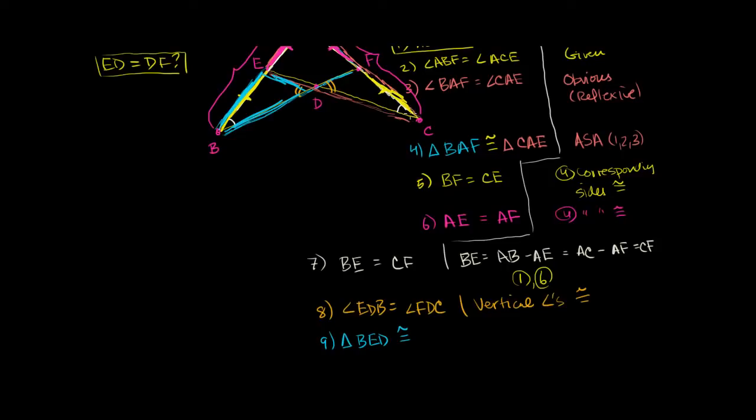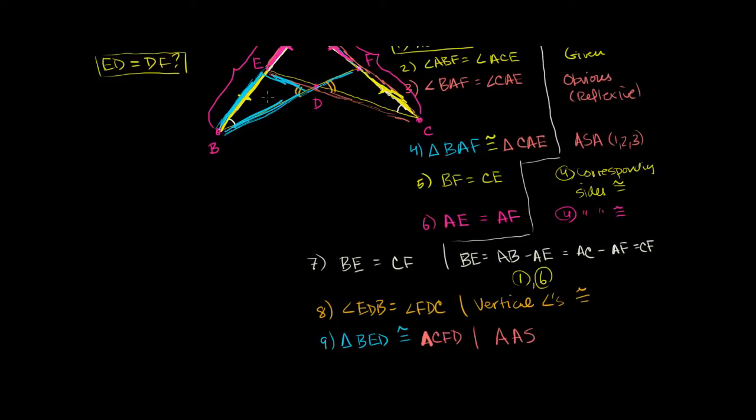So we want to start with C, unlabeled angle, orange angle. So triangle CFD, and this comes straight from, once again, orange angle, white angle, side. So this comes straight out of angle-angle-side congruency.